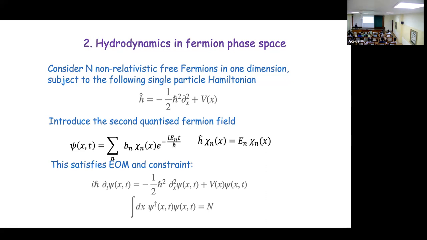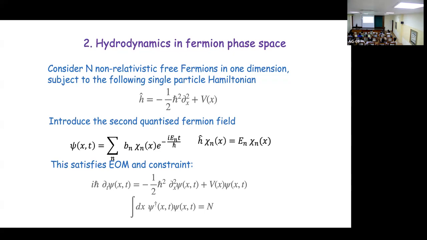And you can show that, not from the fact that these are eigenfunctions, but the second quantized fermion satisfies this Dirac-like equation, non-relativistic, and it satisfies this constraint which says that there are N number of particles.